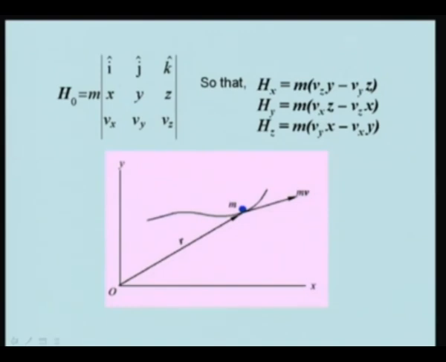Cross product of R cross mv gives us H0 is equal to m determinant of i j k, x y z, vx vy vz, so that Hx is equal to m (y vz minus z vy), Hy is equal to m (z vx minus x vz), Hz is equal to m (x vy minus y vx). These are the components of the angular momentum.